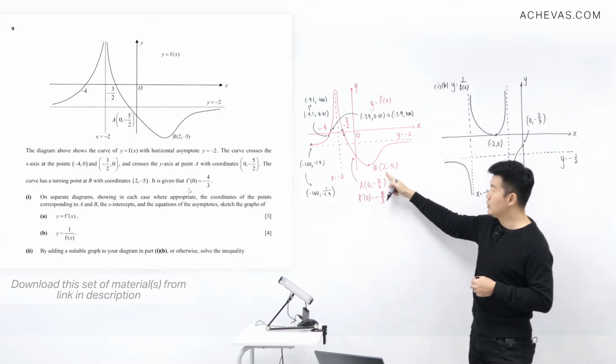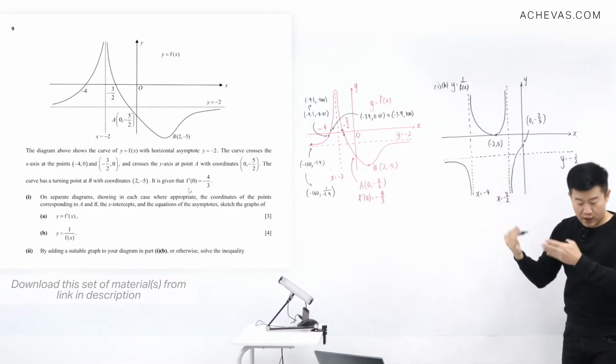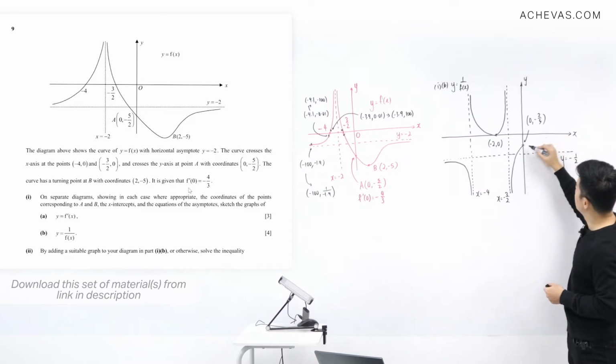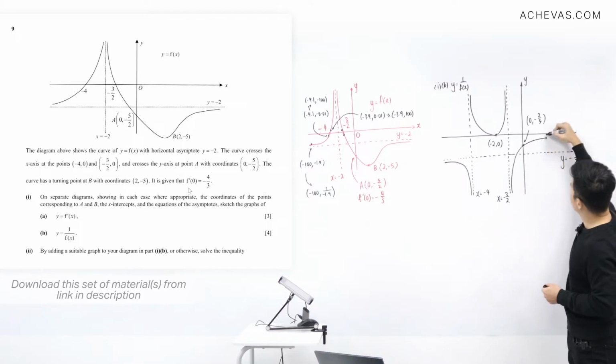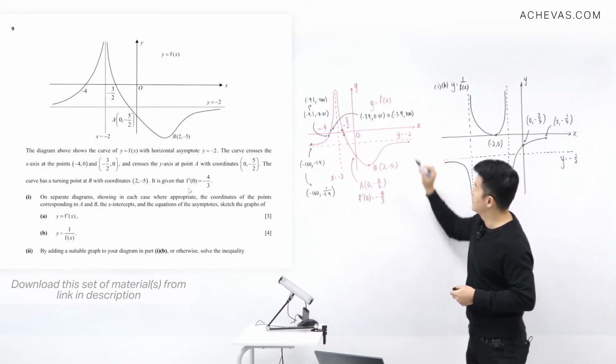Then after that, it will go to this point, which is 2, negative 5, will become 2, negative 1 over 5. So let's say it is going to be somewhere here. So coming to this point here, I'm going to mark this point as 2 and negative 1 over 5. Then after that, it's going to come to a point that is, say, here.